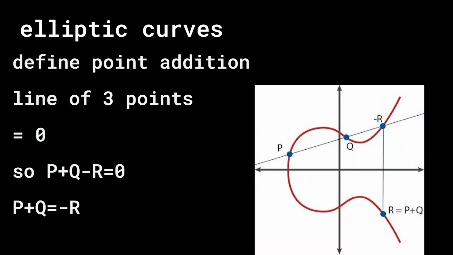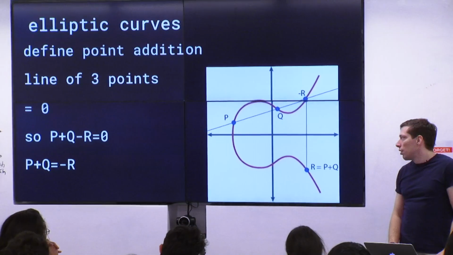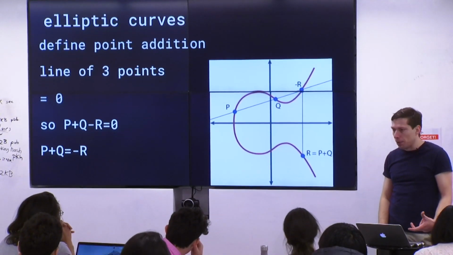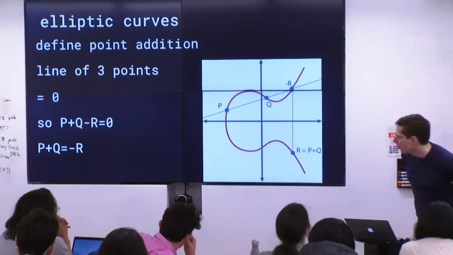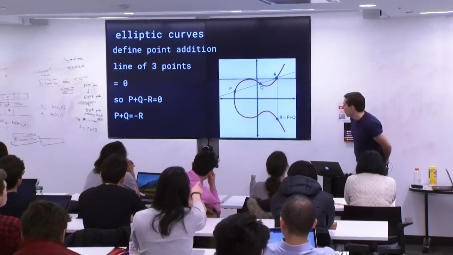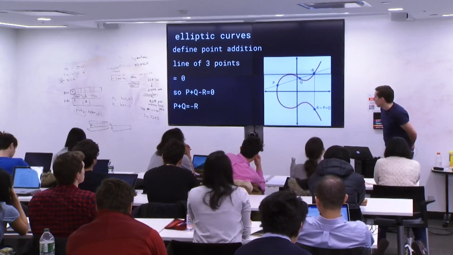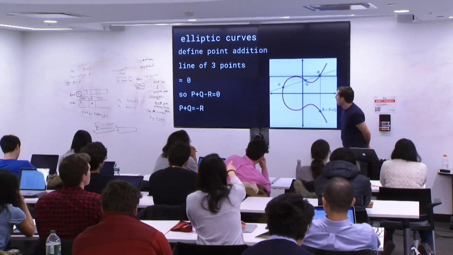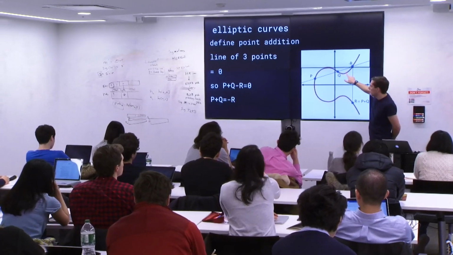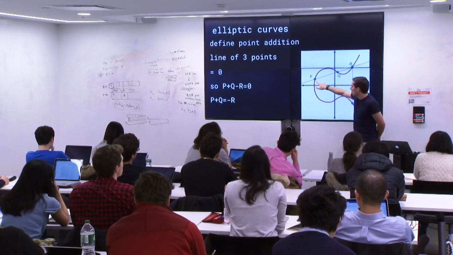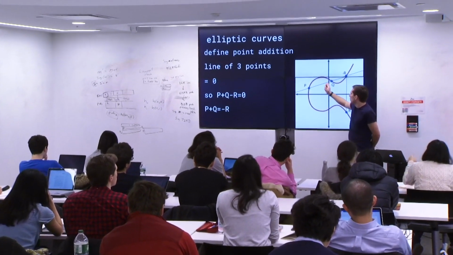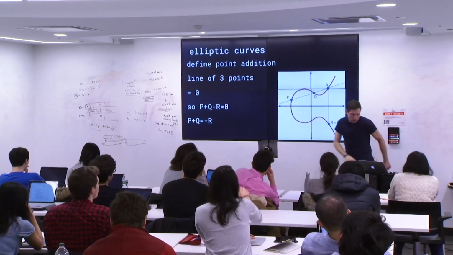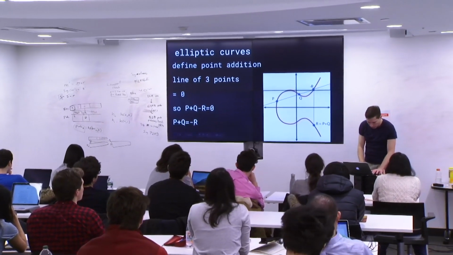However, we don't actually use these nice curves. We sort of chop them up and take them modulo something. Yeah? P plus Q equal to negative R, should it be positive R? No. But in this case, R is up here, right? Oh, shoot, sorry. P plus Q equals R, right.